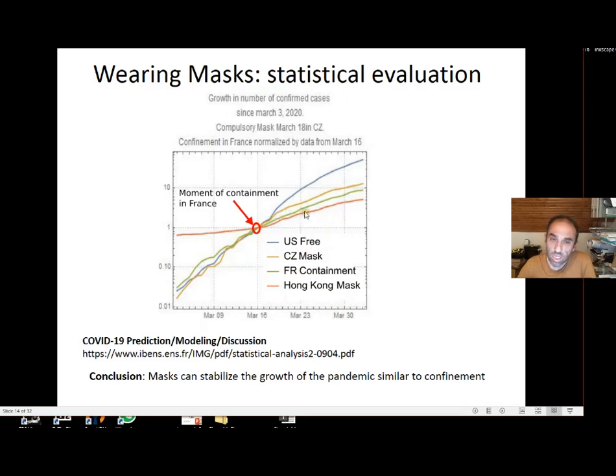So you can see here how this evolution is contained, especially compared to Hong Kong, where containment was not mandatory. So this suggests that masks can stabilize the growth of the pandemic, similar to confinement.